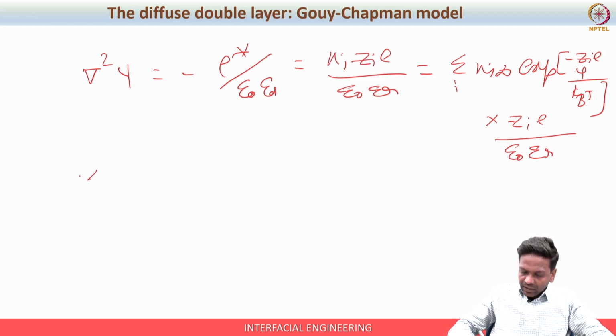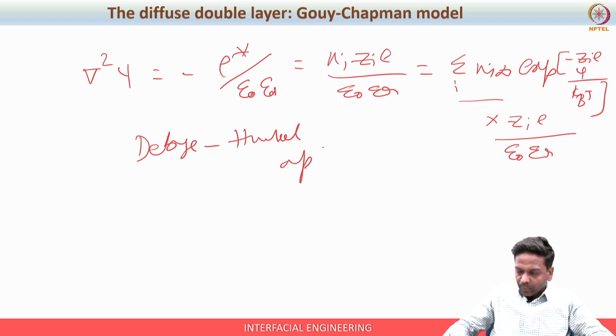So, we can actually use this equation as it is, or we can use the power series. Let us say we have what is known as the Debye-Hückel approximation.